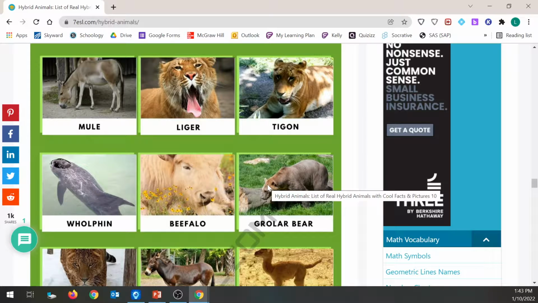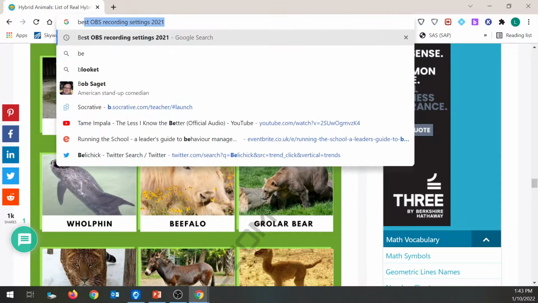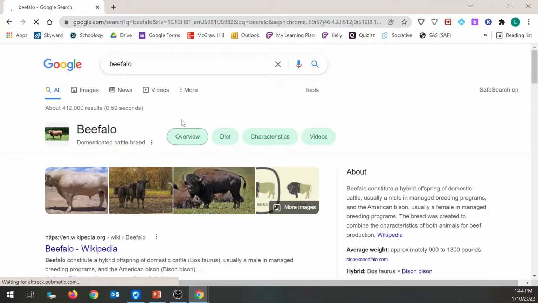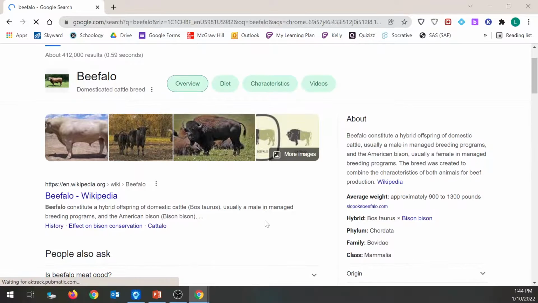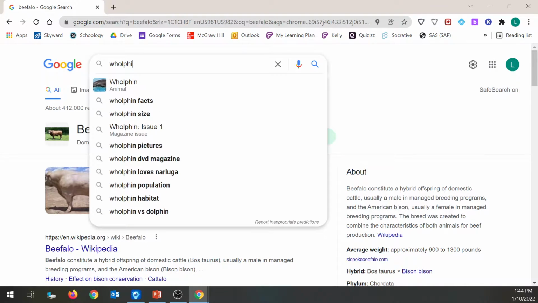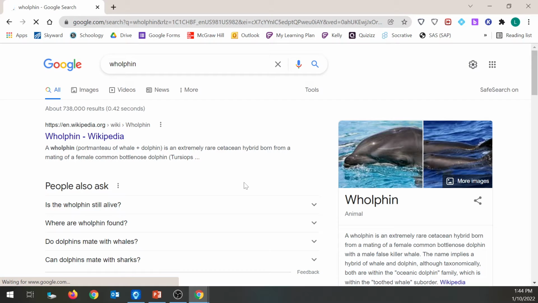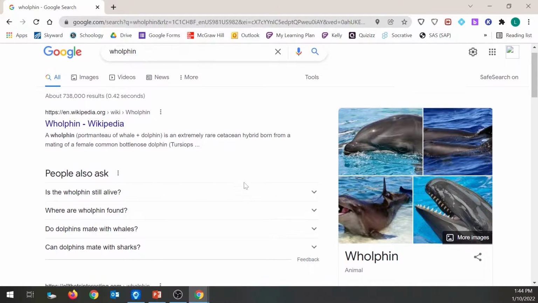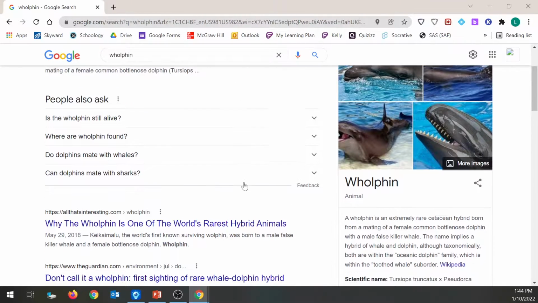I don't know what a beefalo is. It's cattle and bison. Can you look up the wolphin? The wolphin is real. A wolphin is a whale and a dolphin. Look at the teeth. That is terrifying. Is the wolphin still alive?